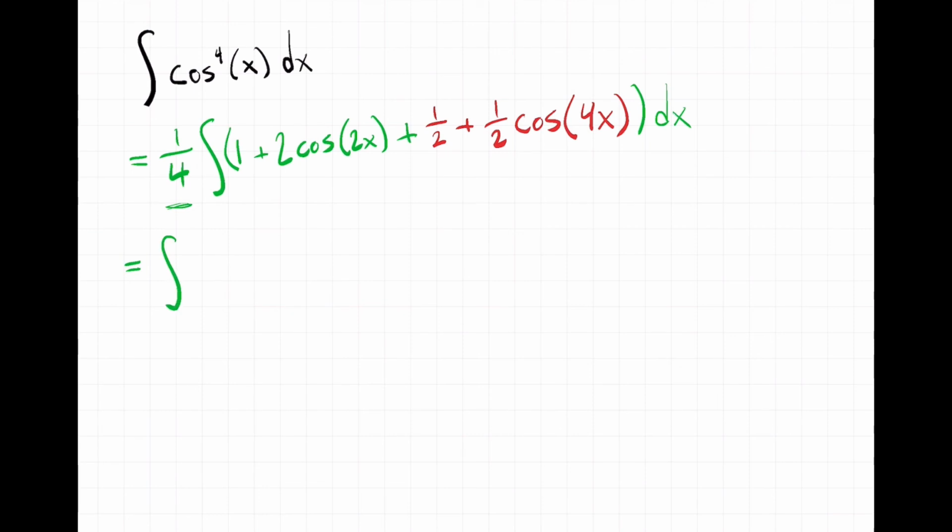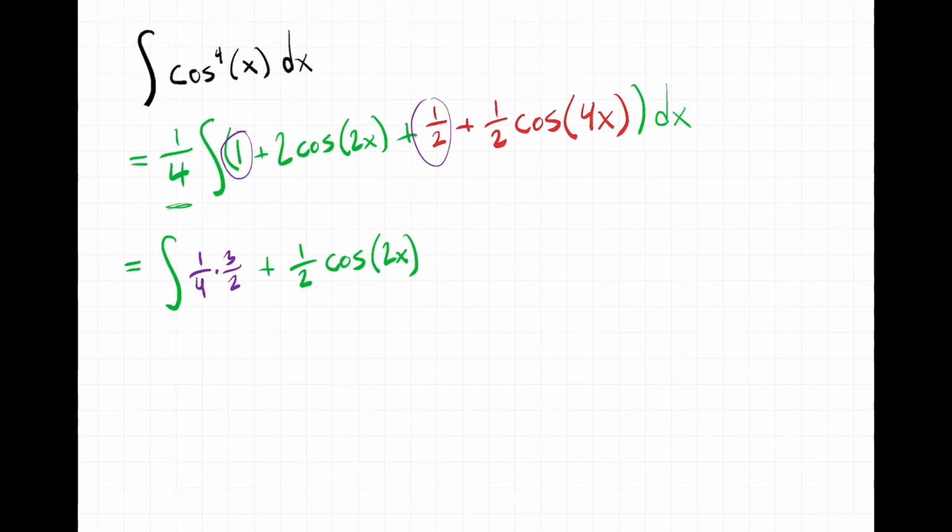This equals the integral of, well, first, we've got two constants, don't we? We've got the 1 plus the 1/2 here. That's 3 halves. So I'm going to multiply the 1/4 times 3 halves, and I'll simplify that later. Plus, we've got 2 cosine 2x, but 1/4 of that is going to be 1/2 cosine of 2x.